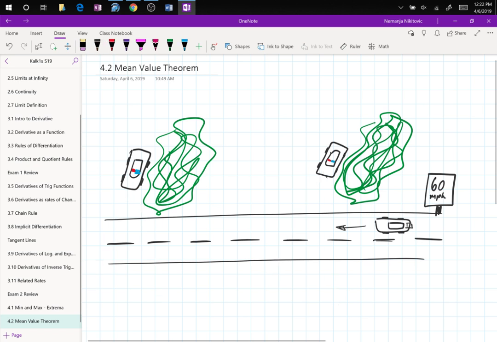So you passed through the first one at 60 miles per hour. You pass through the second trap at 60 miles per hour. No one pulled you over. There we go.